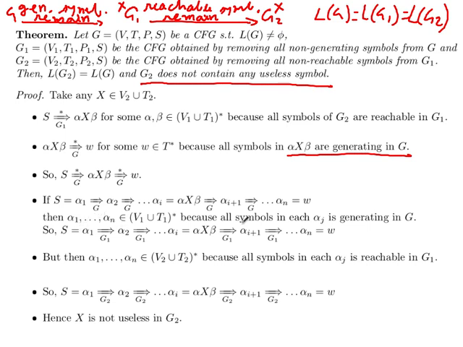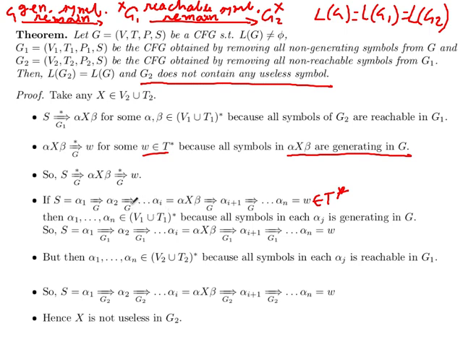So that means all the symbols in each of these alpha i's, you take any alpha i, any symbol occurring in this alpha i, they are generating in G. Why? Because this is a derivation in G, and you see that from here you are ultimately leading to a terminal. So this W is our terminal. This is what we had.